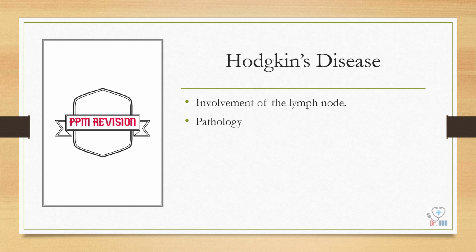So moving on to the WHO classification, that is classic Hodgkin's disease. Under lymphocyte predominance type, there is proliferation of small lymphocytes along with varying numbers of histiocytes forming a nodular or diffuse pattern. Under nodular form, there are large neoplastic nodules. Under diffuse form, there is diffuse proliferation of cells.